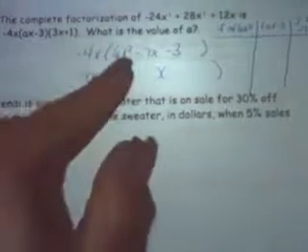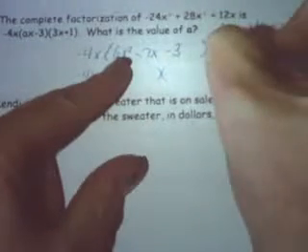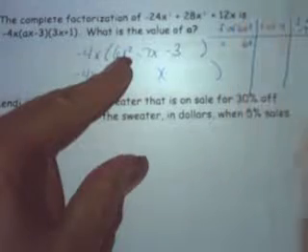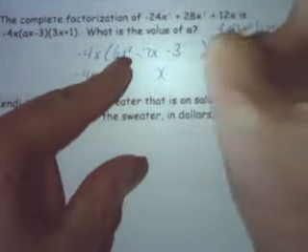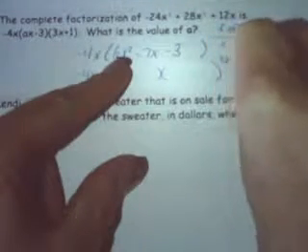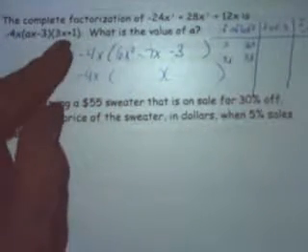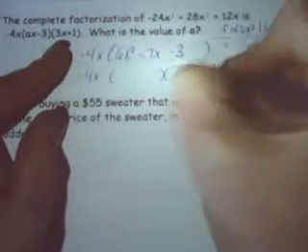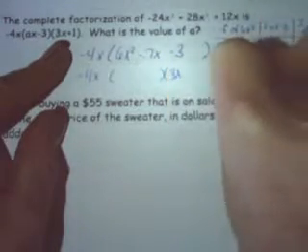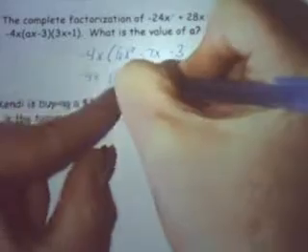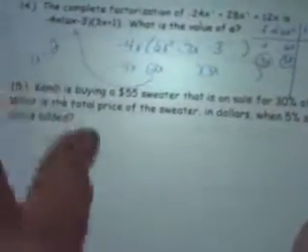Well, what are your factors of 6x squared? You know you're going to have 6x, or you're going to have 2x and 3x. What did they tell you to use? They tell you to use 3x as one of the factors. So your other factor has to be the 2x. So what's your value of A? A is going to be 2. Right?